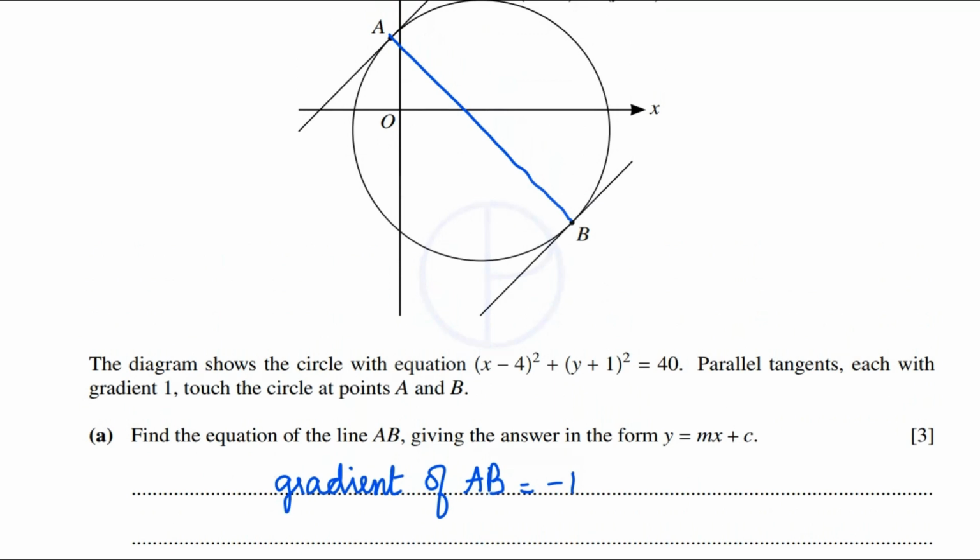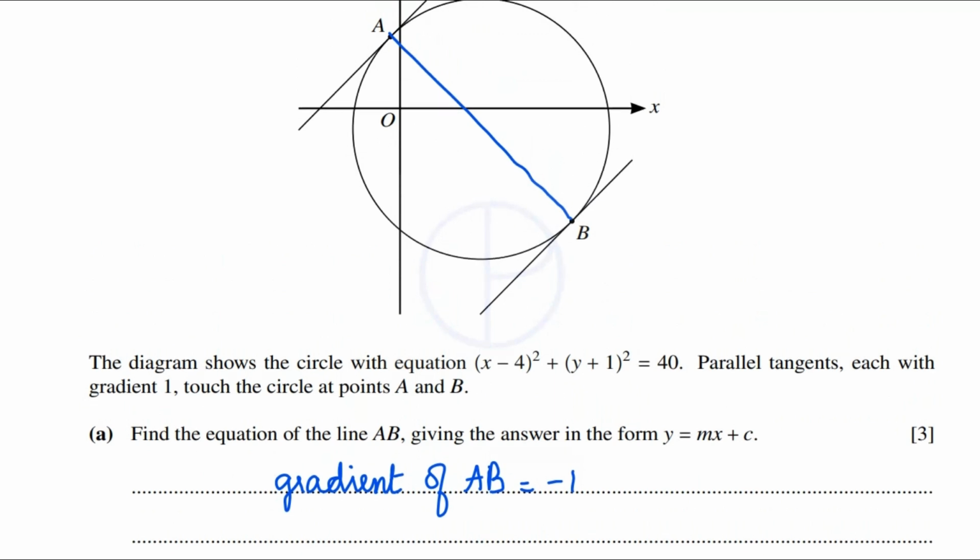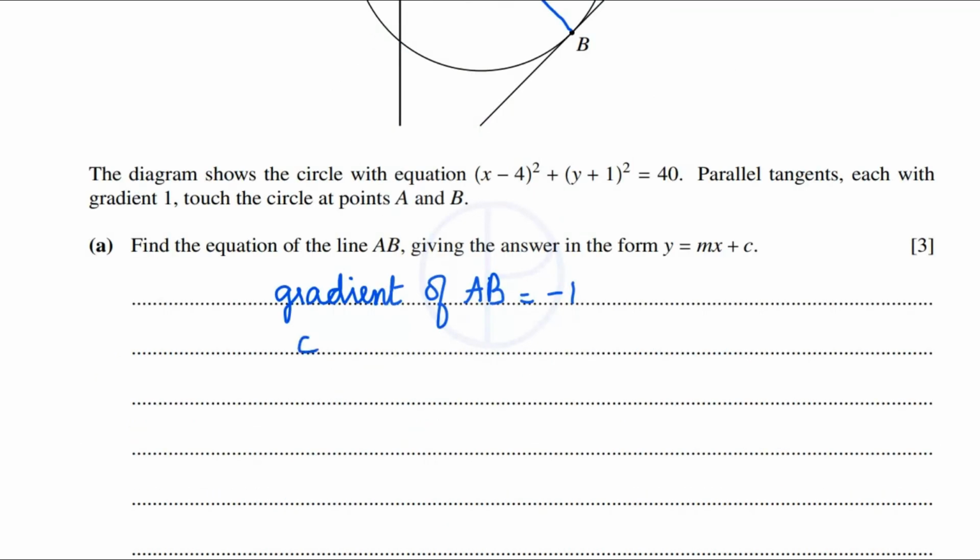And AB is the diameter of the circle. So let's take the center of the circle as a point which lies on the line AB. So the center of the circle is (4, negative 1).